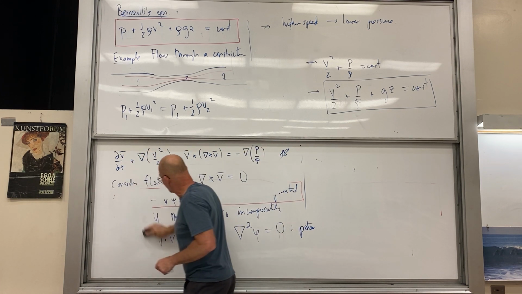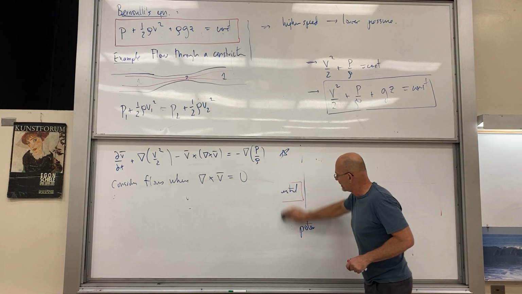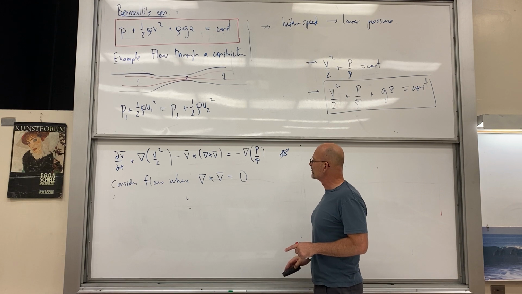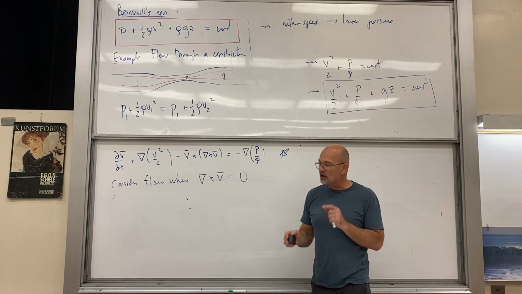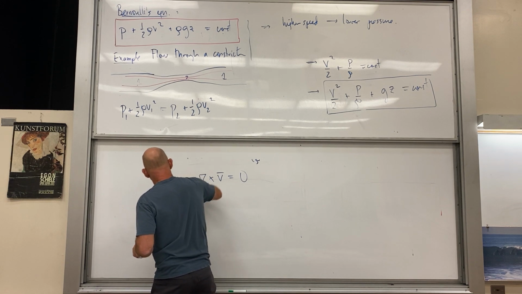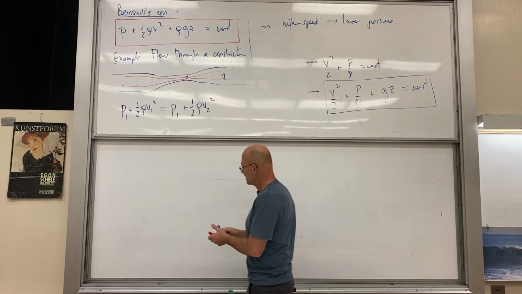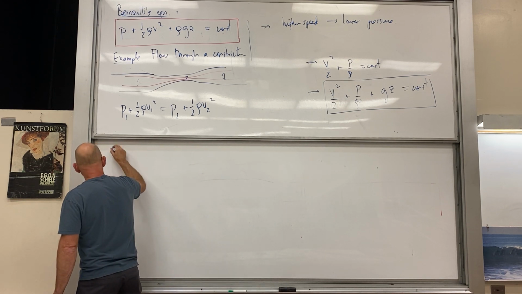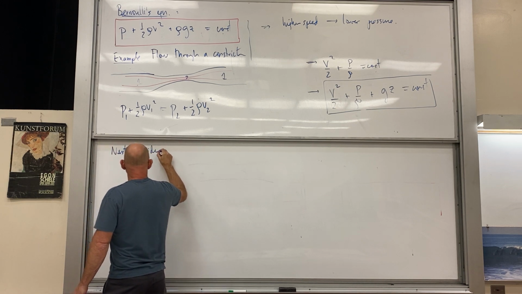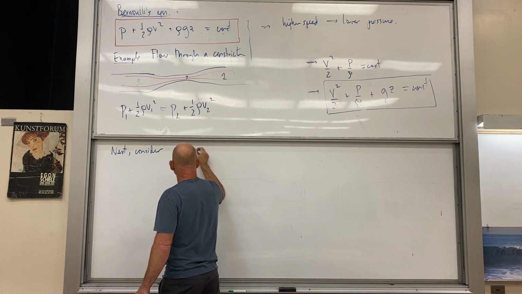We're still looking at flows when the velocity is small. Now we've got to turn the argument around. So I'm going to erase the whole thing. We can go back to the Euler equation. So next, consider small oscillations.